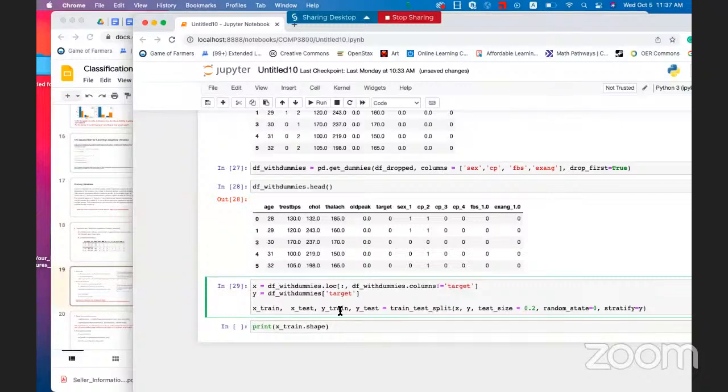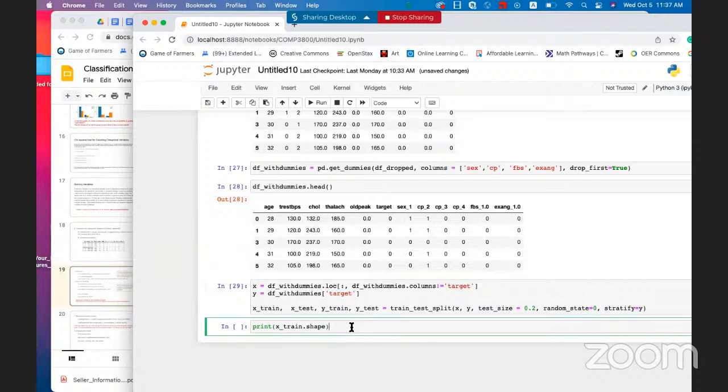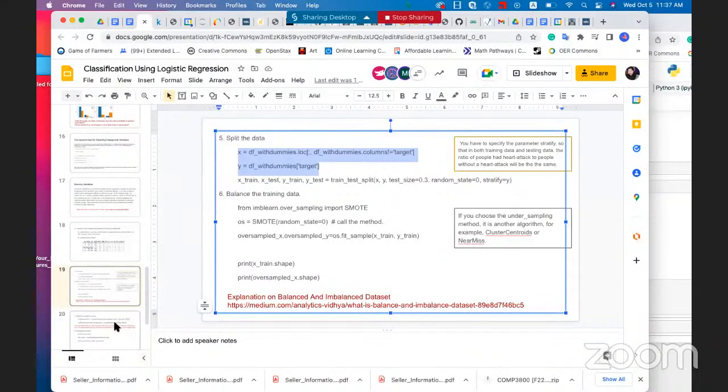These two should have the same number of rows, and these two should have the same number of columns. You need to check the shape and make sure the number of data in each data set is correct. Okay. Next is balancing the data set.